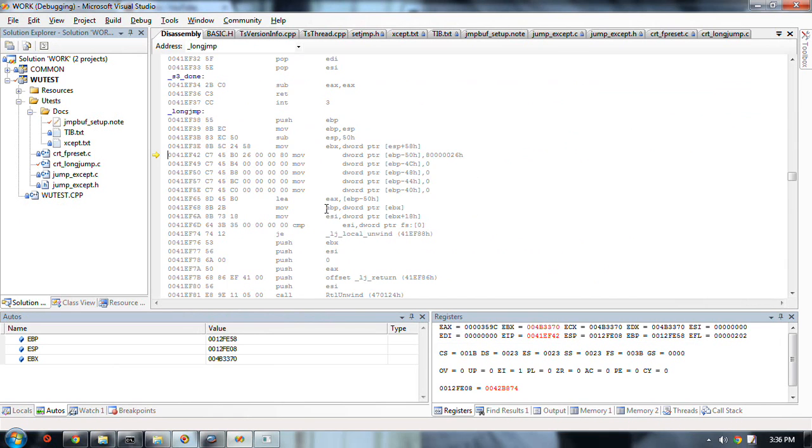We are stepping through the code. We fill in the first 5 bytes of this buffer for some reason unknown to me. Now we're putting the address of that buffer into AX. Okay, now why we would do that, I don't know.